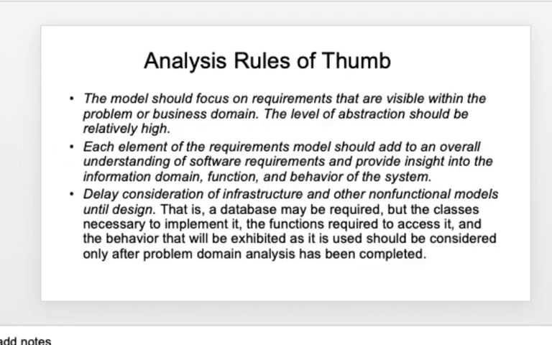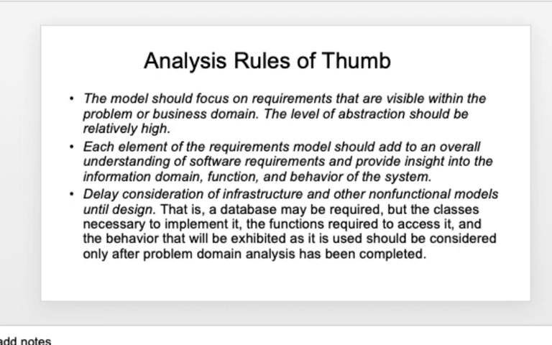So there are analysis rules of thumb that need to be followed. The model should focus on the requirements that are visible within the problem or the business domain. So it is expected that the level of abstraction should be relatively high.